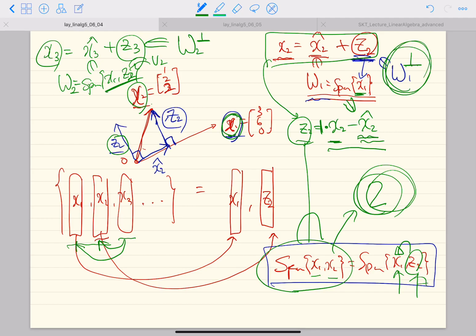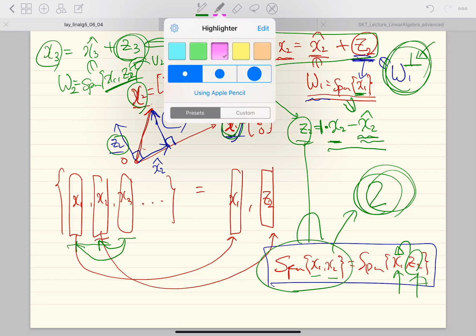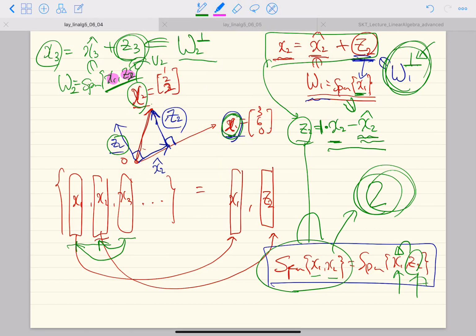Also, over here I made a typo as a transpose, but this transpose is not correct. So this perpendicular is the correct one, right? W2 perpendicular. So again, in this case, this z3 is a linear combination of x1, z2, and x3, right?